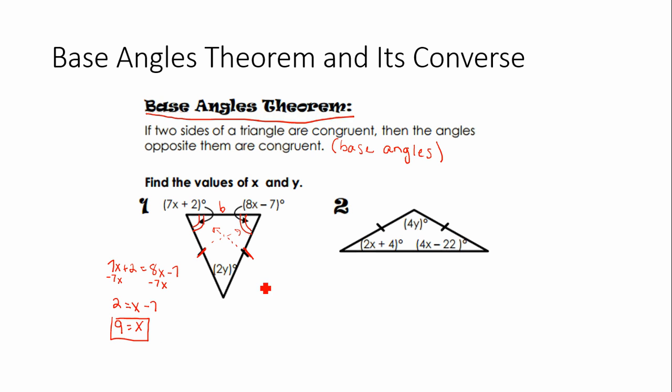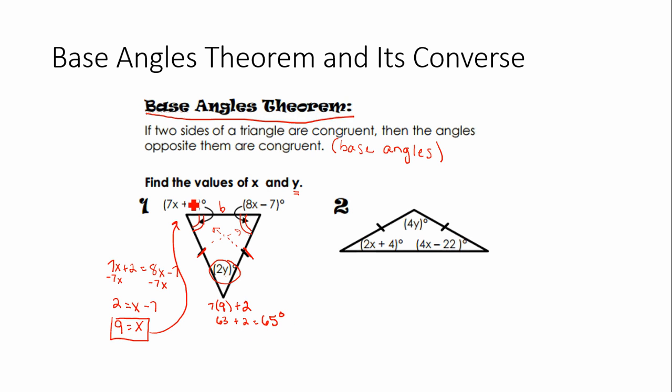So if x is 9, now how do we find y? Notice that y is down here in the vertex angle. The vertex angle isn't necessarily congruent to anything else, but if we know that the x is 9, we can go ahead and calculate what the other two base angles are. So I'm going to take this 9 and plug it back in here. We'd have 7 times 9 plus 2. So we'd have 7 times 9 is 63 plus 2 makes 65.